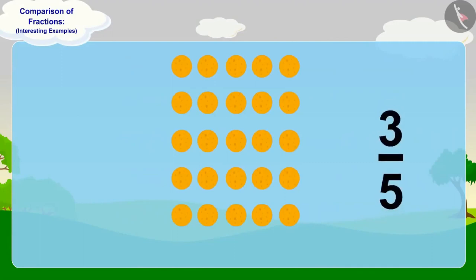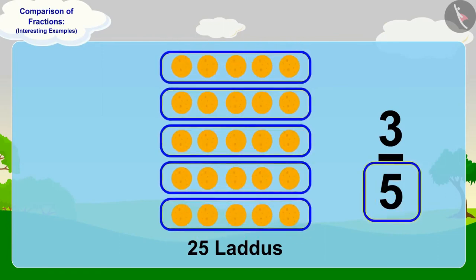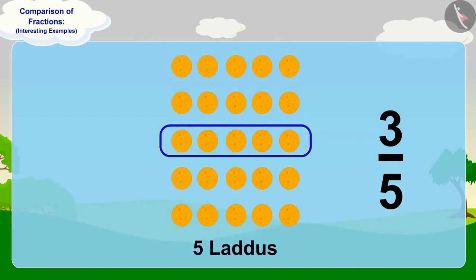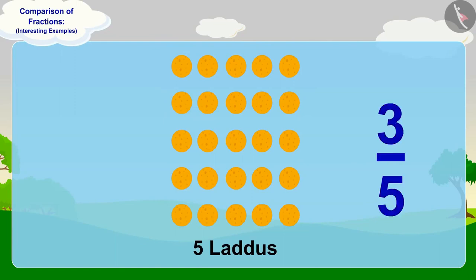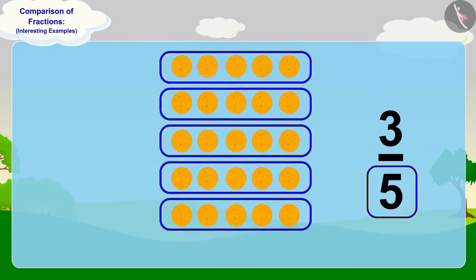To find 3/5 of 25 laddus, we will first divide the 25 laddus into 5 equal parts. In this way, there will be 5 laddus in each part. Now, to find 3/5, we will take 3 parts out of these 5 parts.